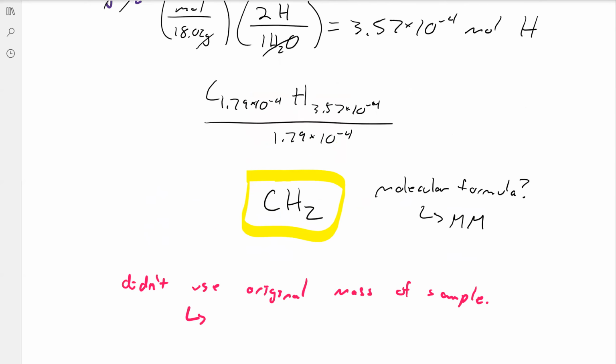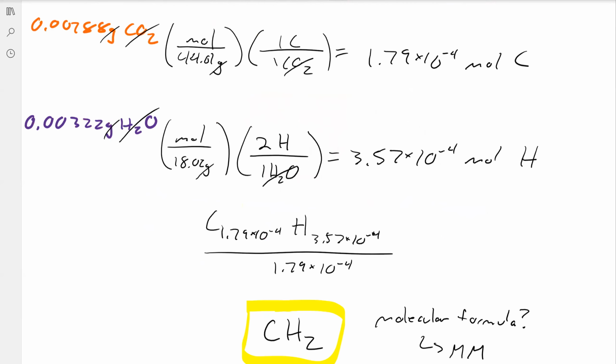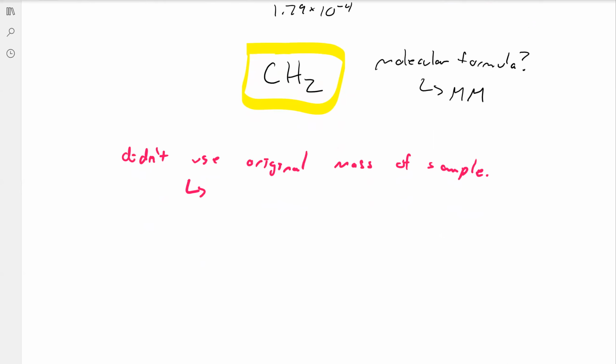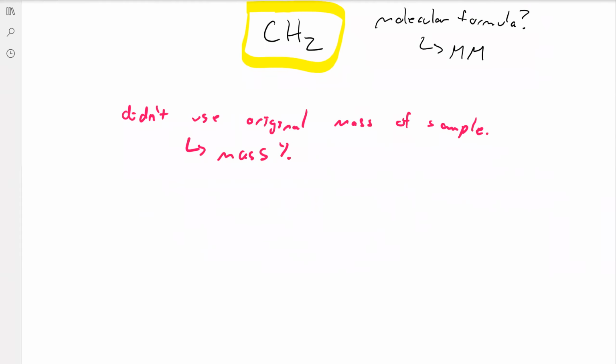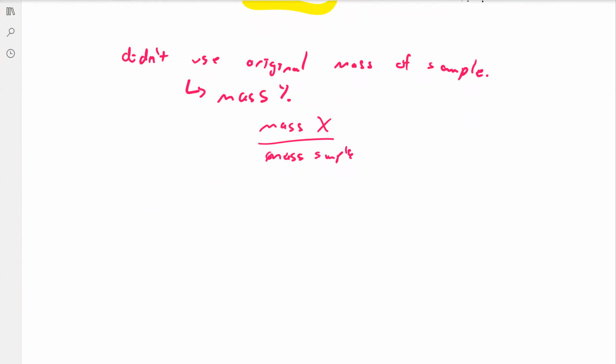So what would you need to use the original sample mass for? Well, that's if the question asks for something like mass percent. If we wanted mass percent, then we'd want the mass of our component over the mass of the sample. So for example, if we wanted to calculate the mass percent of carbon, we would take our moles of carbon, and then we'd keep going.